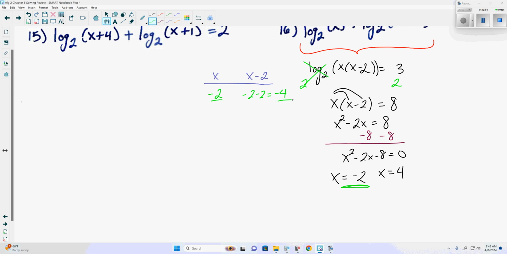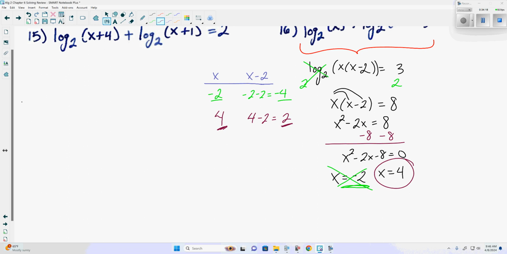They're both negative, so we know that x equals negative 2 is gone. If we try 4, replace it for x, it's just 4. 4 minus 2 is 2. Both of them are positive and not 0, so x is equal to 4.